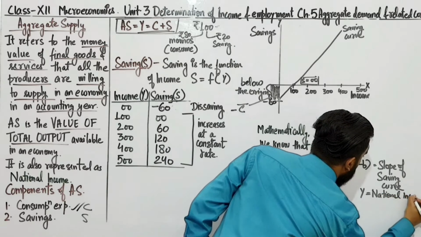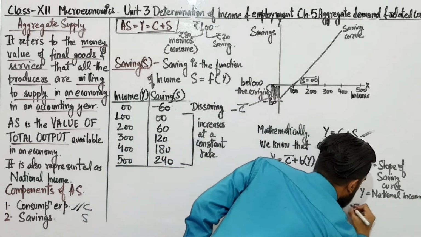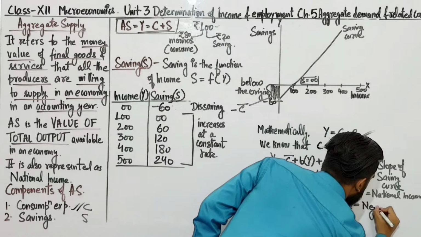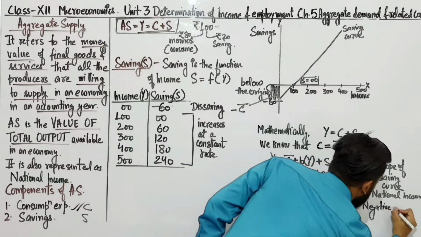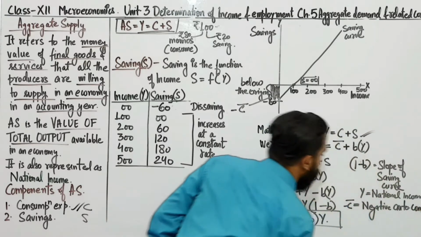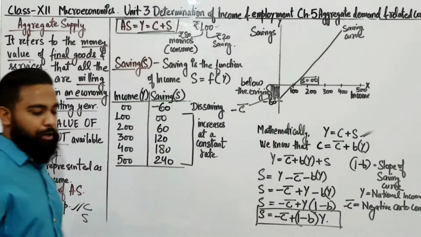Fine. And minus C bar is your negative autonomous consumption. Fine. You can complete that. Take a screenshot and make sure to complete your notes.